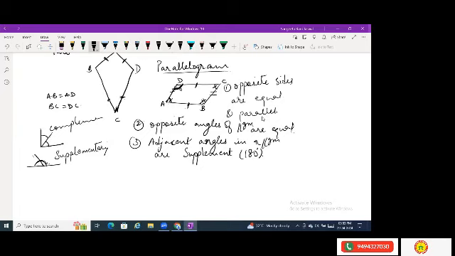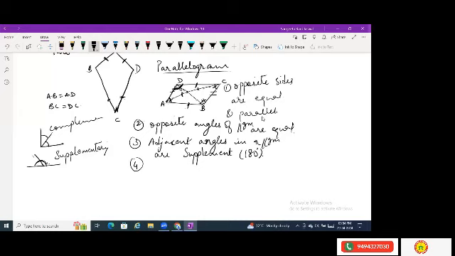Okay, now the next property about the parallelogram is that the diagonals of a parallelogram bisect each other at their point of intersection. Now, suppose if I draw a diagonal of this, diagonal means joining the two opposite vertices. If I make diagonals on this, okay, so it's saying the diagonals intersect each other. That means diagonal BD will intersect AC. Bisect each other.